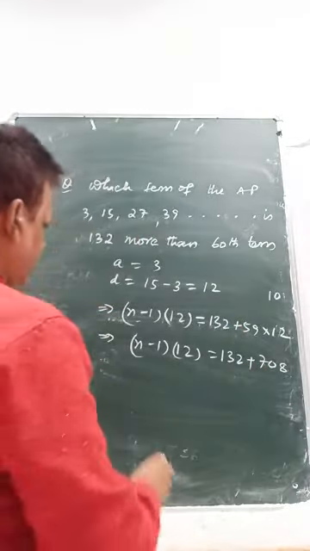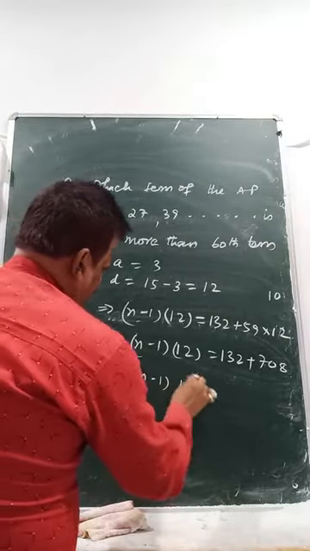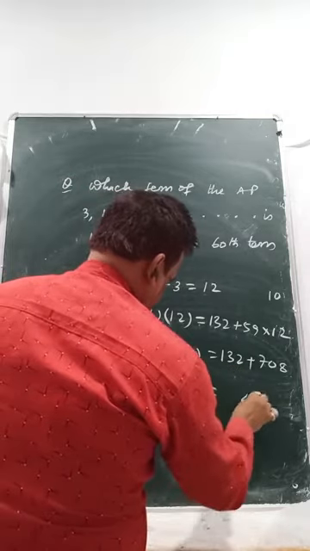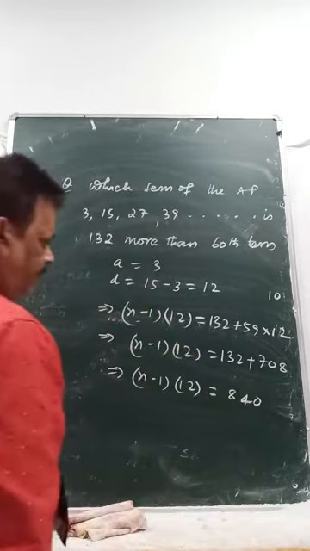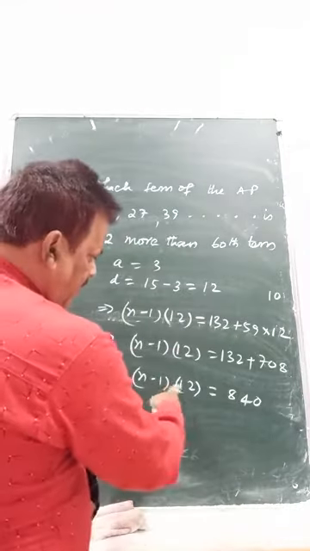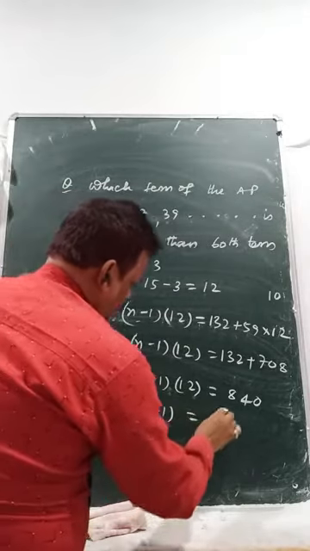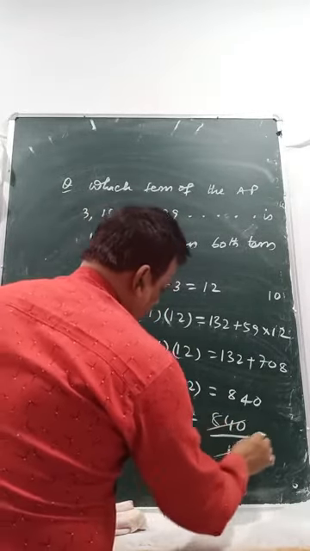So n minus 1 into 12 equals 840. So here it is multiplied by 12. So n minus 1 equals 840 divided by 12. This is 70.